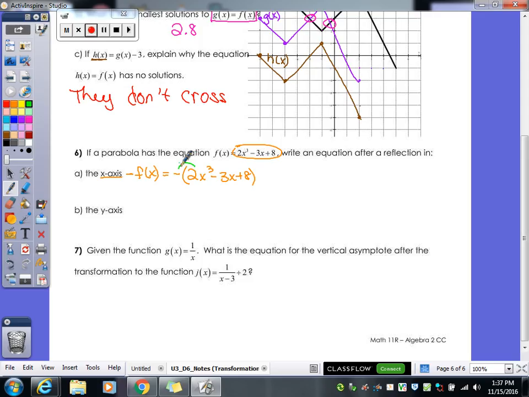So if I multiply that through, we get negative 2x cubed plus 3x minus 8. Oh, that's not an equation. I got to put that back in there. Now it's an equation. Negative f of x equals that.